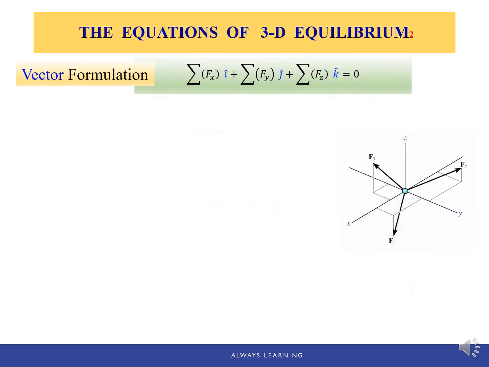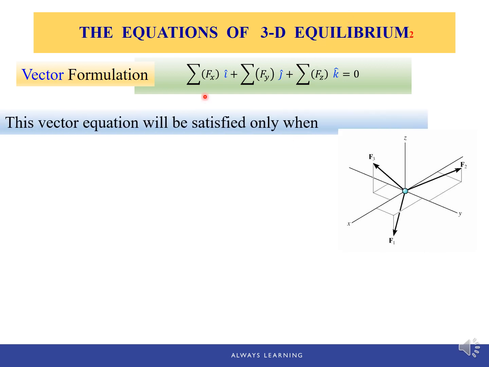Now from the vector formulation shown here, we know if a vector is zero, then each single component of this vector must be equal to zero. That means the x component is zero, the y component, and the z component, all of the components need to be zero. So from the vector formula, we can write three scalar equations.